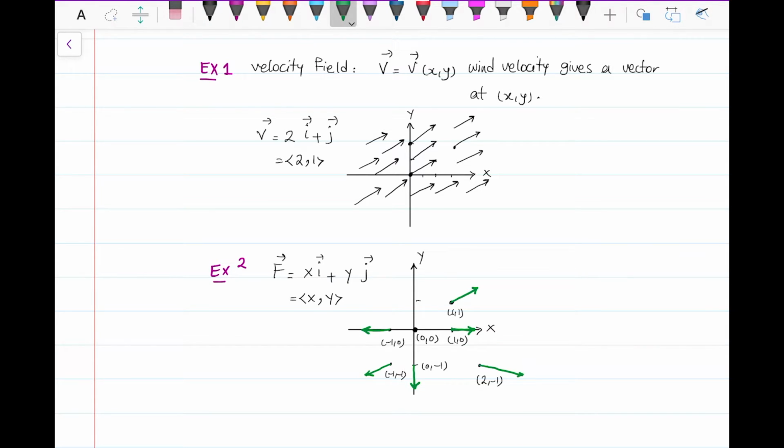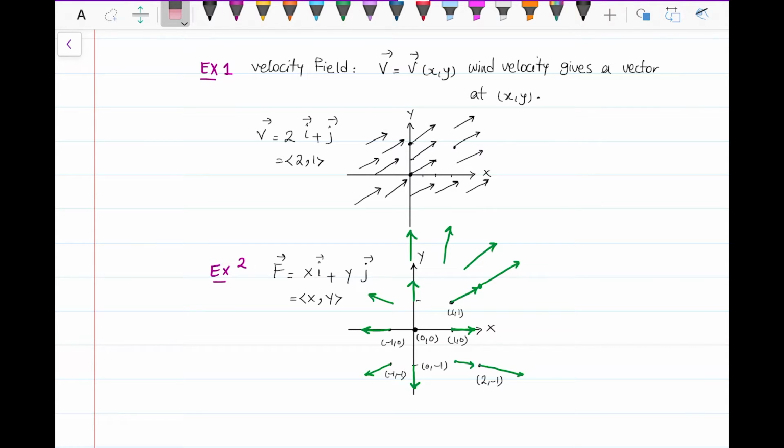At this point in here, which is (1, -1), I get (1, -1), something like that. And as you see, if I want to continue graphing this vector field, it's gonna change the scale. It's gonna get bigger, right? Yeah, something like this.